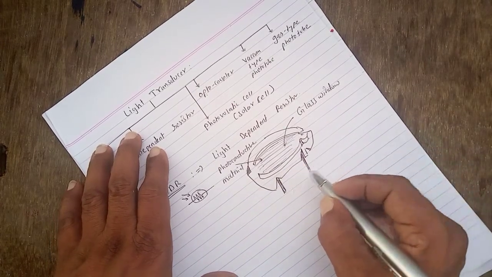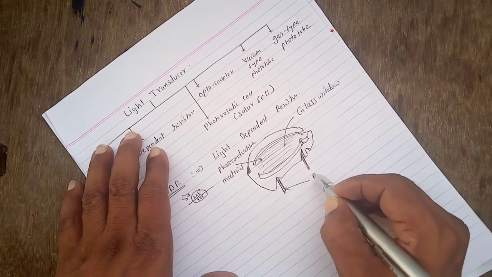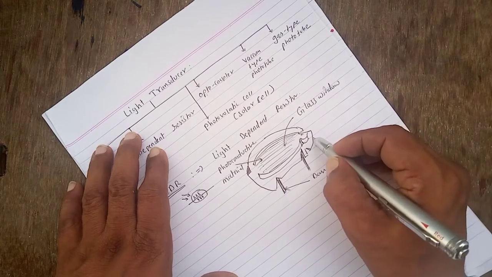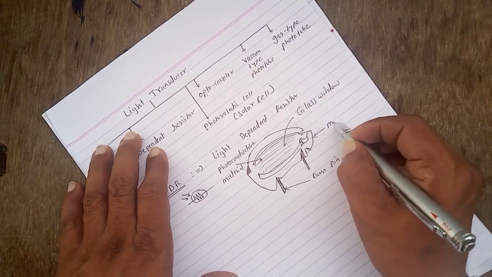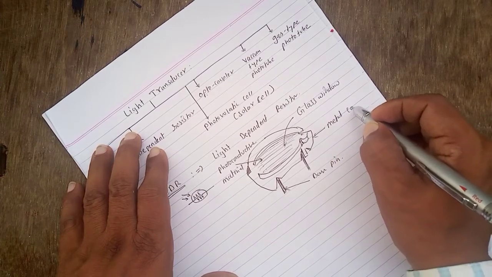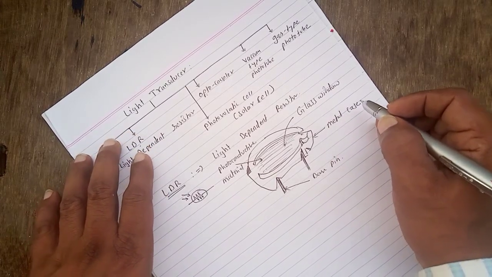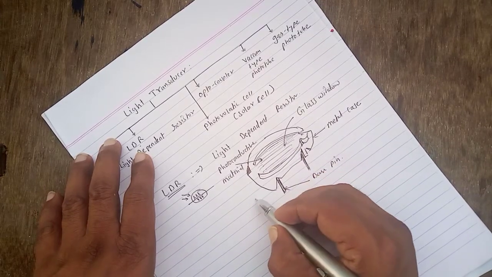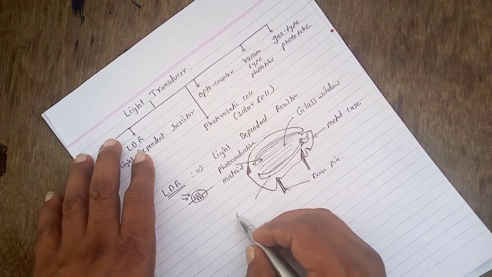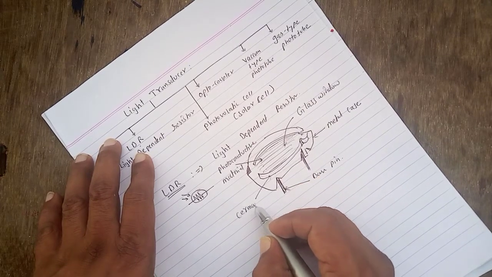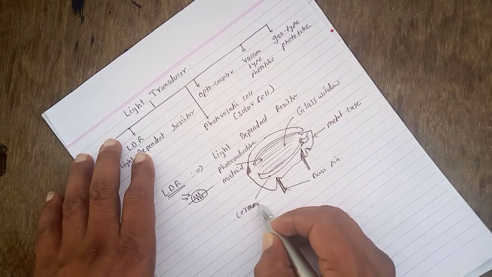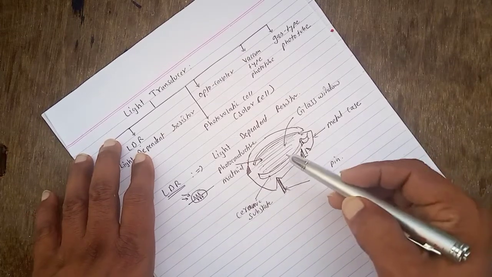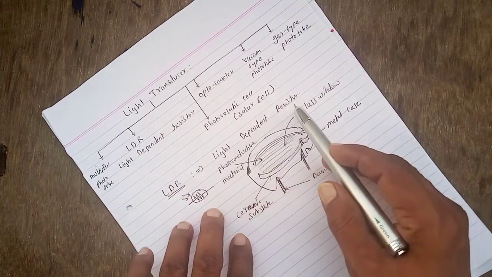Okay students, these are the leads, you may say it is a base pin, and this is the metal case. And this covering is called a ceramic substrate. So this is the construction of the LDR.